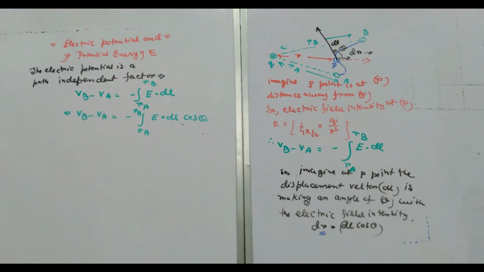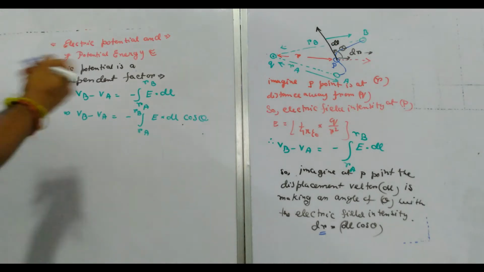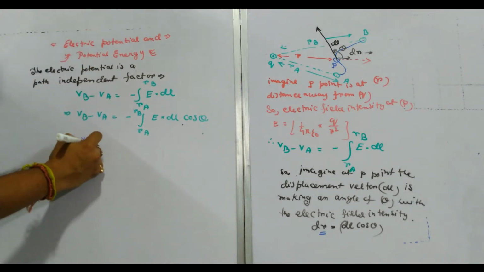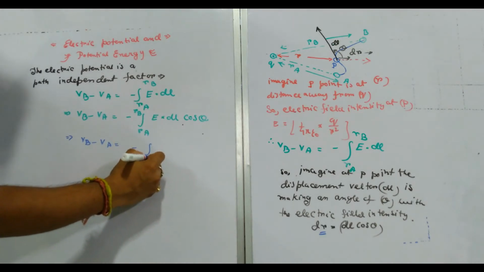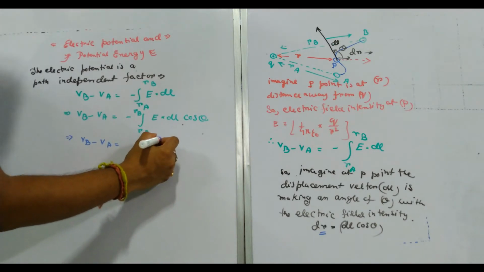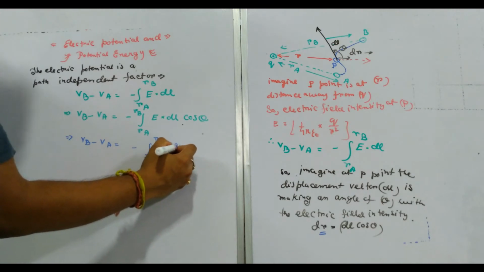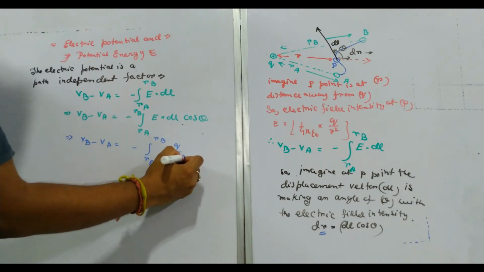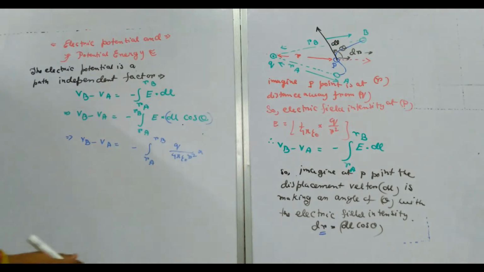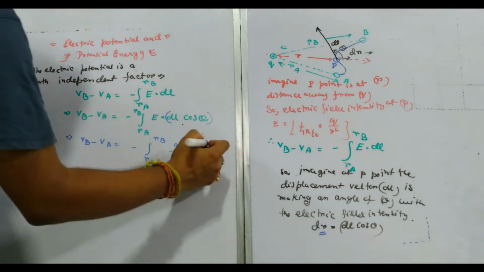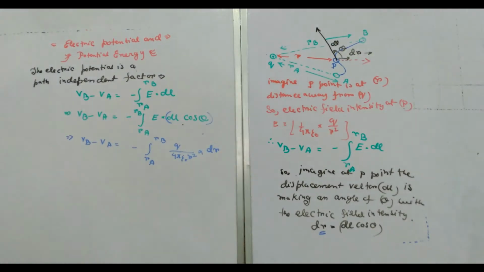Now, evaluate the total equation very carefully. We can write this as VB minus VA, and this is the integration running from RA to RB, where E is nothing but Q by 4 pi epsilon naught into R square, and dl cos theta, the total term, is expressed as dr. Clear?